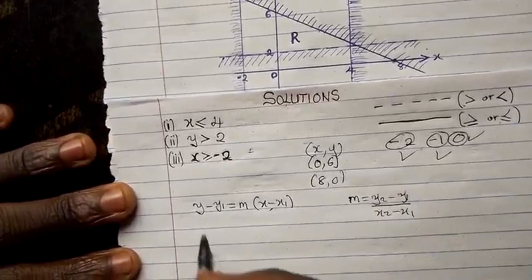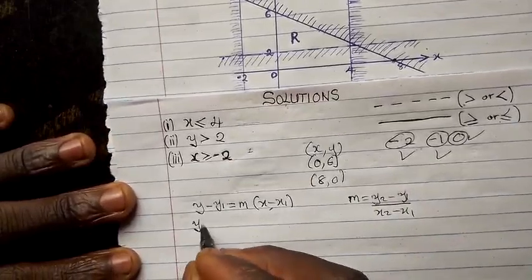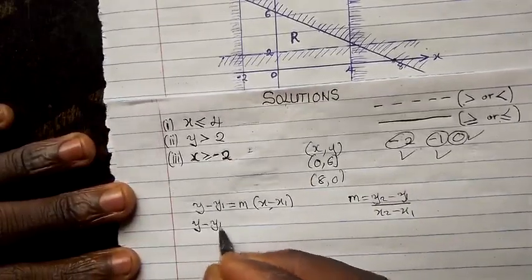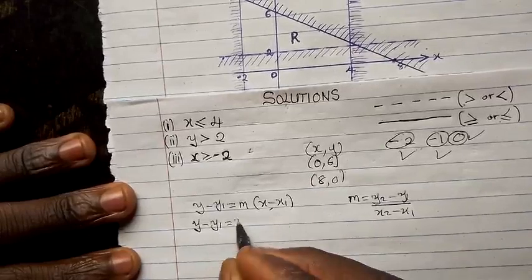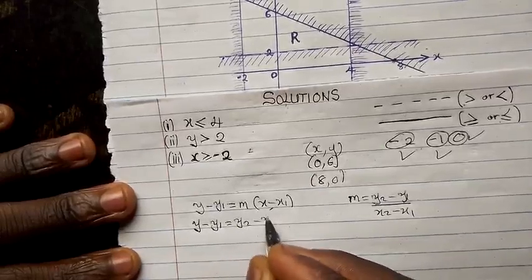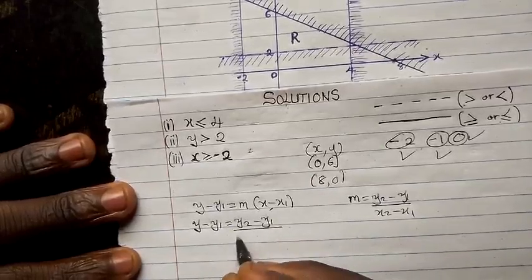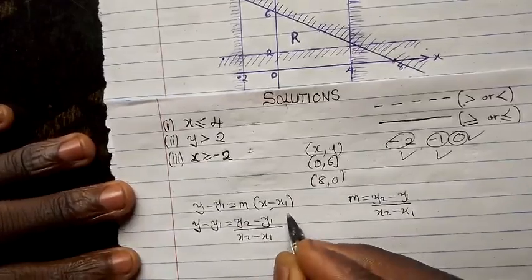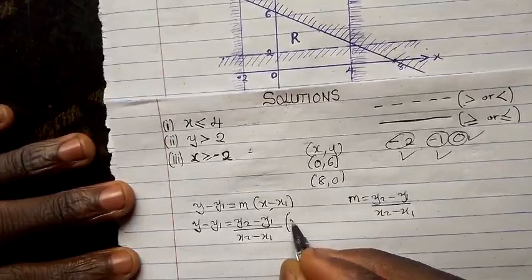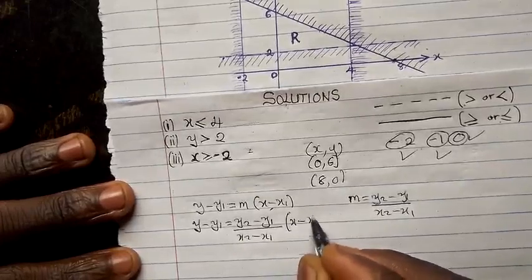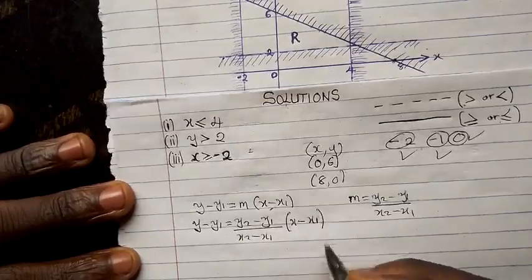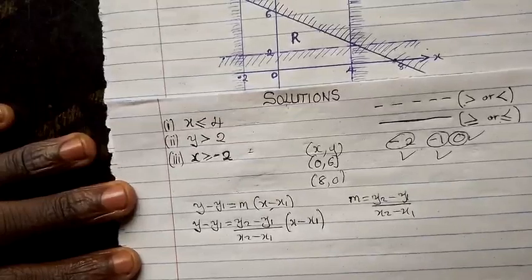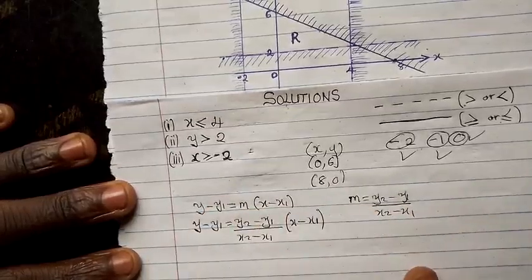So the formula is going to look like this: y minus y1 is equal to y2 minus y1 over x2 minus x1, then open bracket, x minus x1. Okay, like this.